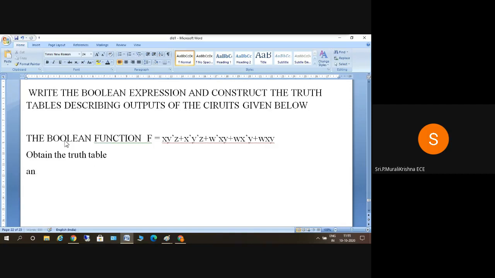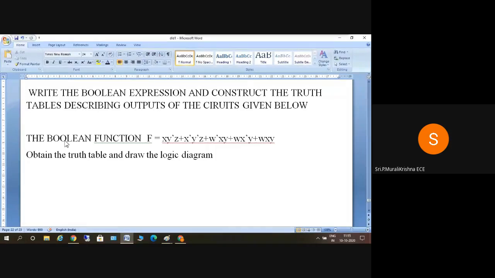And the next case is to draw the logic diagram of this one here.